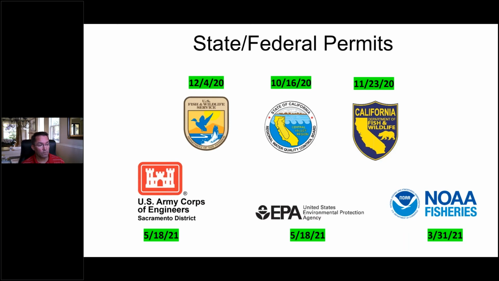NOAA Fisheries finally followed up in March of this year with their incidental take coverage for their listed salmonid species. And then the Corps and the US EPA followed up with their programmatic 404 permits in May of this year. And so we have effectively been operating for 3-4 months now.